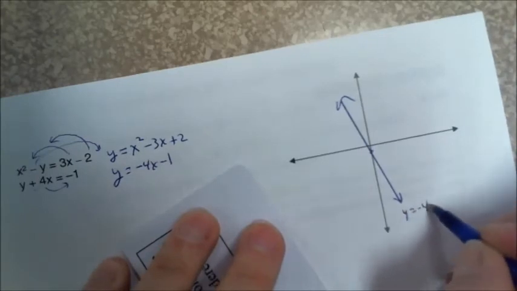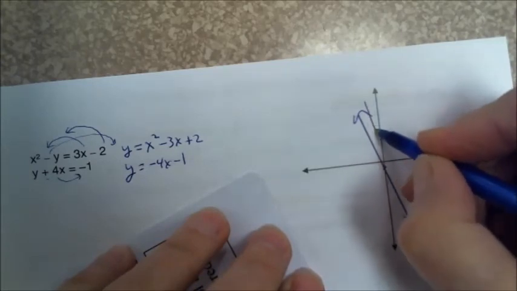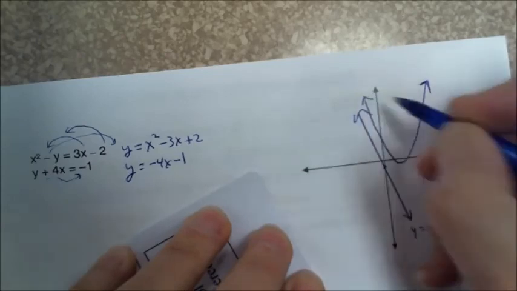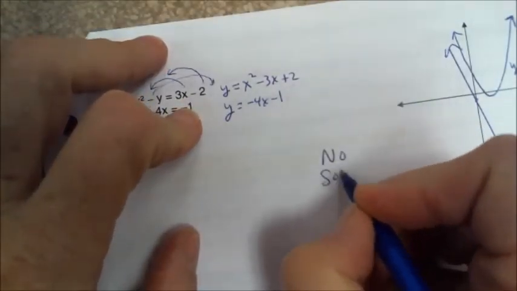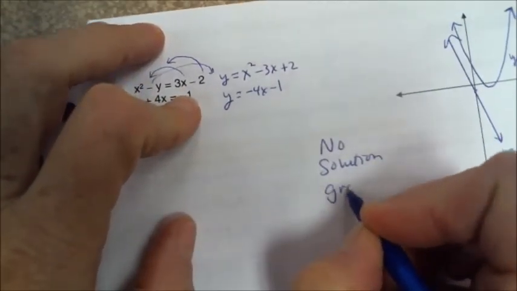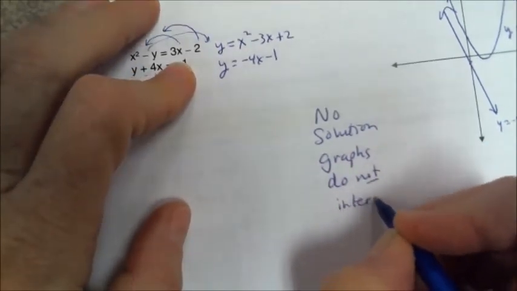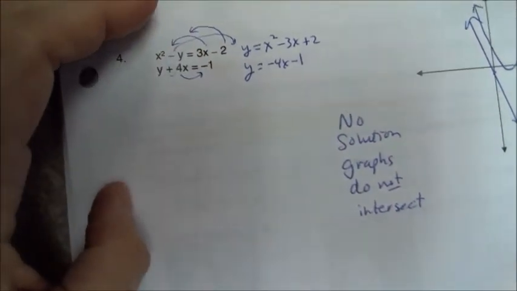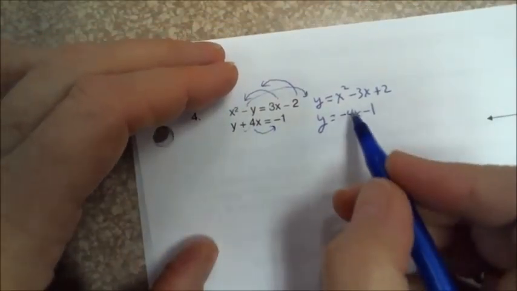So y equals negative 4x minus 1, and then this parabola comes down and just goes underneath the x-axis a little bit and comes up like this. Y equals x squared minus 3x plus 2. And so you can say there's no solution because the graphs do not intersect.